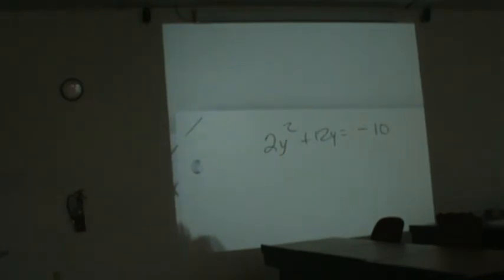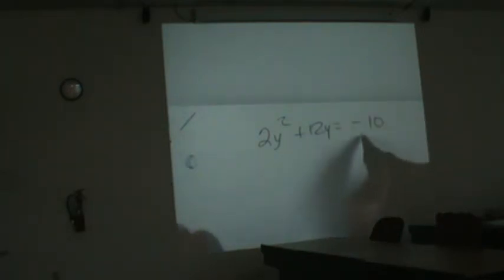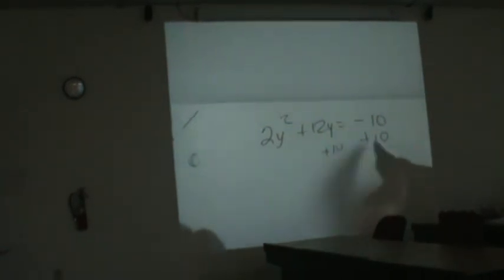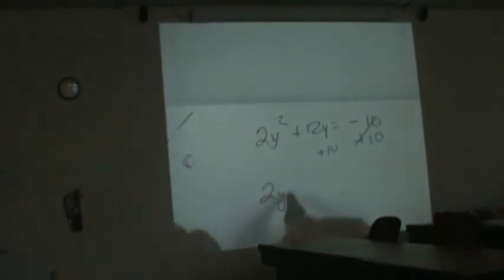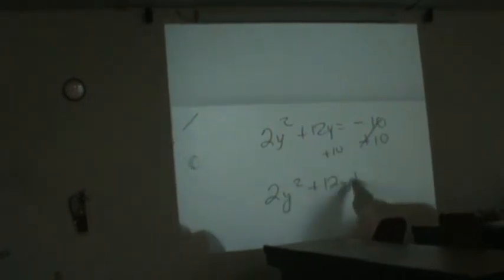We need it to equal 0, so what are we going to do to make it equal to 0? Add 10 to both sides. So we have 2y squared plus 12y plus 10 equals 0.